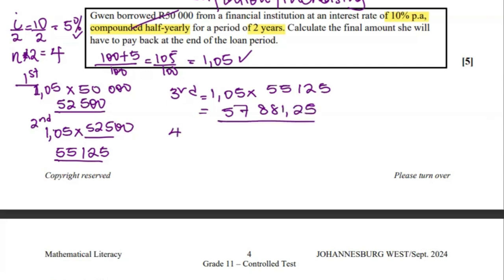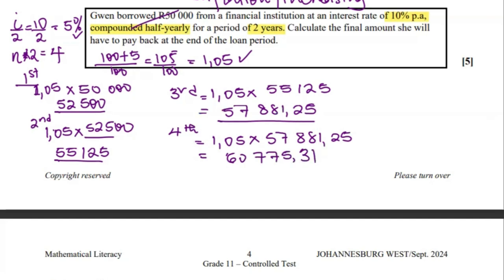We come to the fourth term, which becomes 1,05 times 57,881. The final answer became 60,775 rands 31 cents. So this is the final answer.